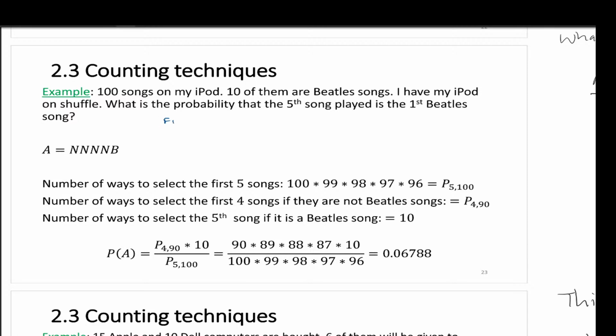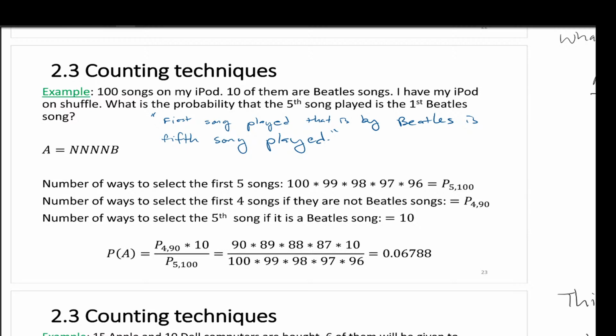The first song played that is by the Beatles is the fifth song played. So that's the more precise statement of the question.